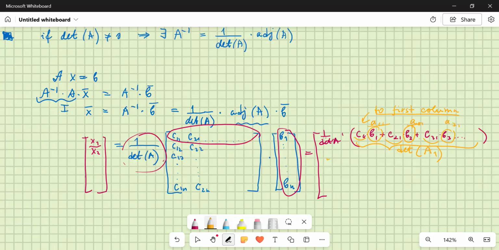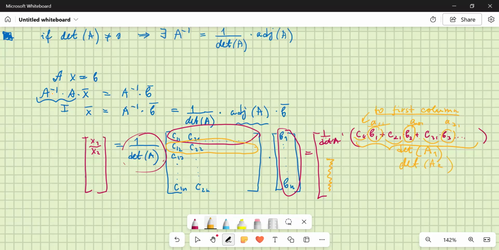And all others are going to be calculated the same way, because these are cofactors of the second column and they are multiplied by B's. So it means you put B's instead of the second column and calculate the determinant of the matrix. That's basically a proof.